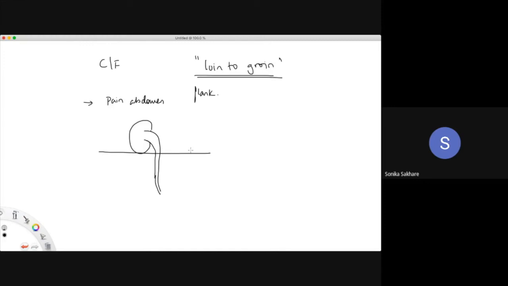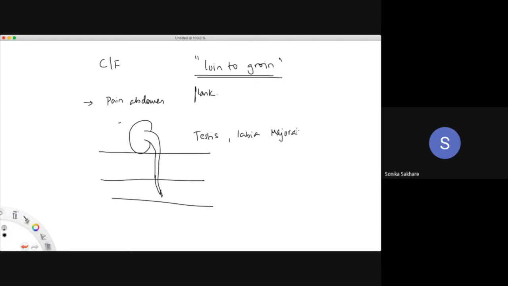If the stone happens to be in the upper third of the ureter, middle third of the ureter, or the lower third of the ureter, first of all, they'll have pain on the flank region, corresponding to the kidney. Now, what happens is pain here will radiate to the testis in males and the labia majora in females.